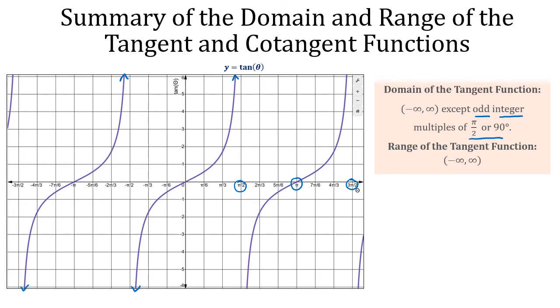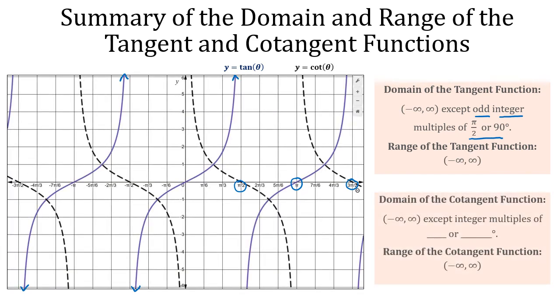Now let's look at the cotangent function. The cotangent function is the dashed line, and we can say that the domain of this function is also all real numbers, except for where we see the vertical asymptotes. And we saw the vertical asymptotes through the line that goes through 0, through the line that went through pi, through the line that went through negative pi.